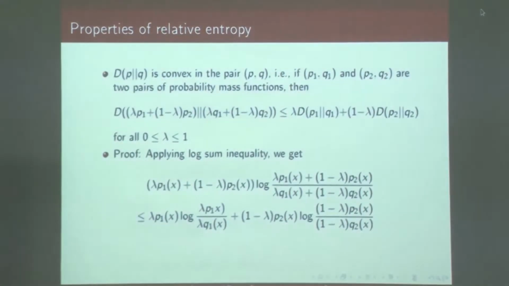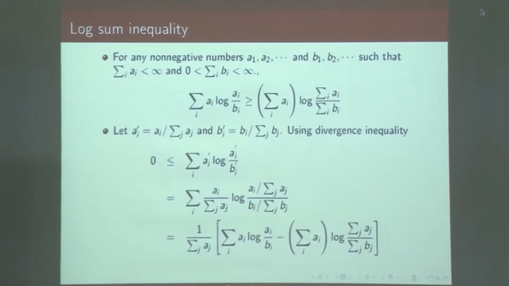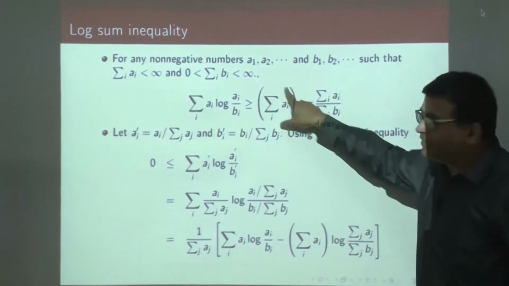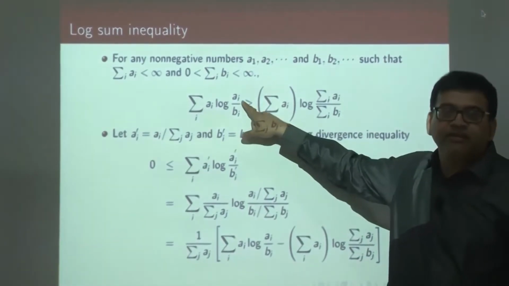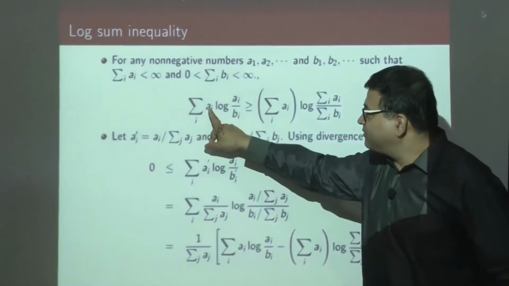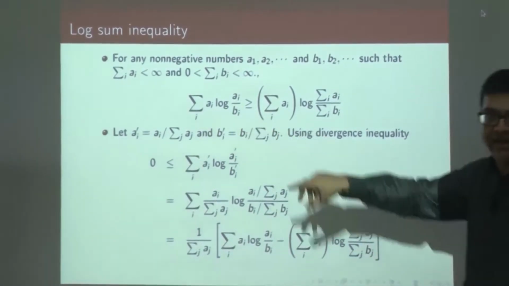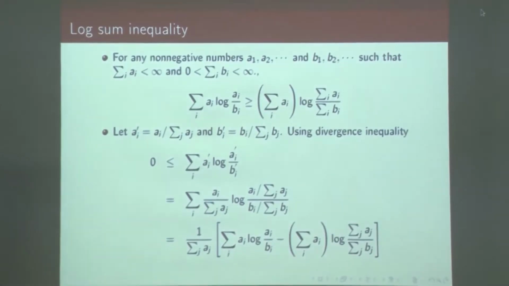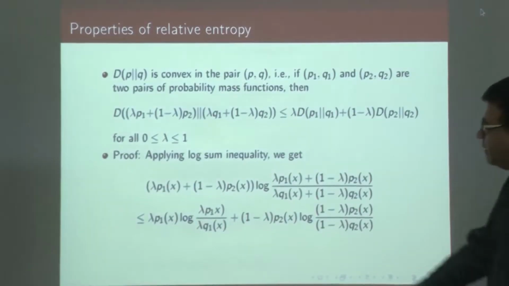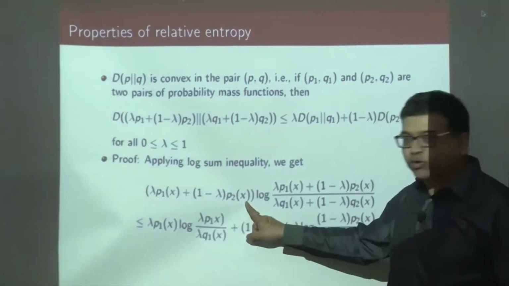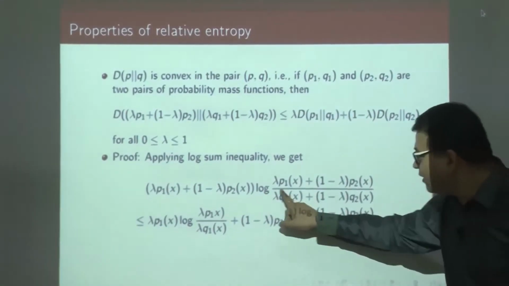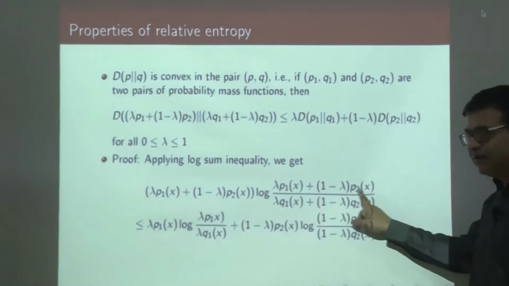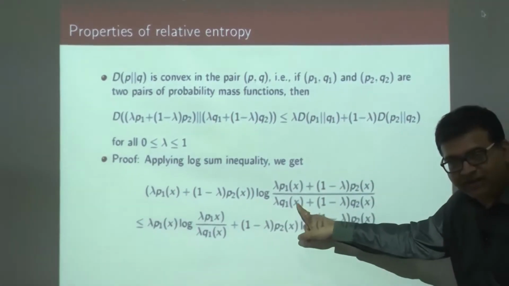Now, once I have identified a1, a2, b1, b2, I am going to use this: summation ai log summation ai by summation bi is less than or equal to summation of ai log ai by bi. Look at the term on the right hand side: the summation of ai will be a1 plus a2, and then log of a1 plus a2 by b1 plus b2.